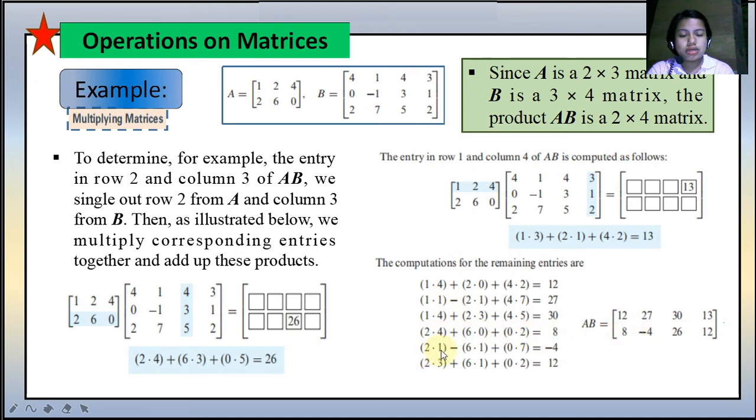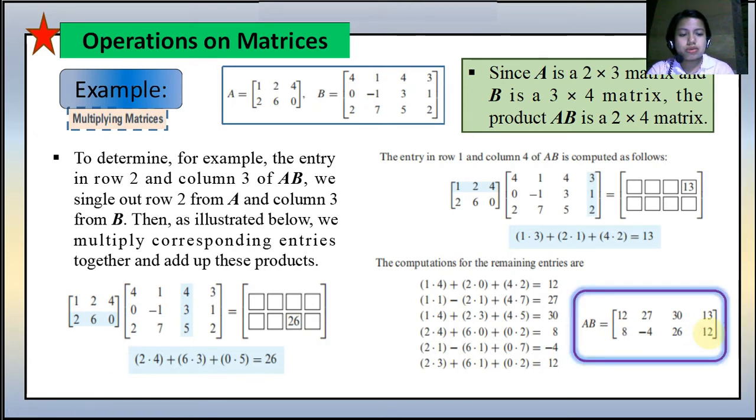Then 2 times 1 is 2, minus 6 times 1, so 2 minus 6 is negative 4. And we have 2 times 3, 6, plus 6 times 1, that's 12, plus 0, that's 12. So we have here row 2, column 4.